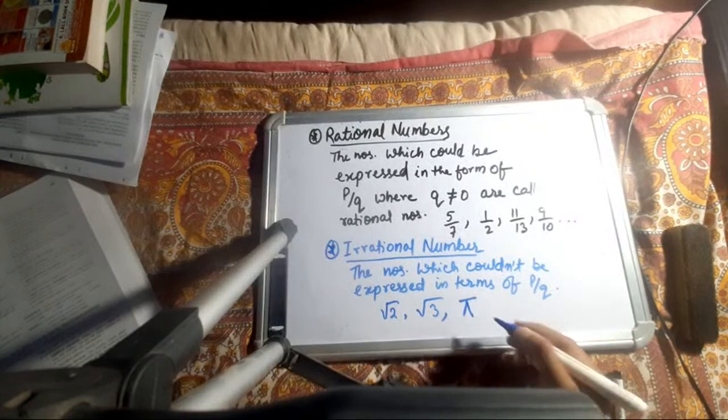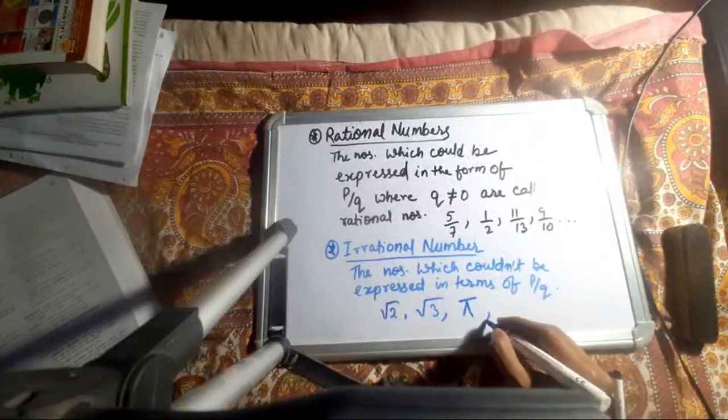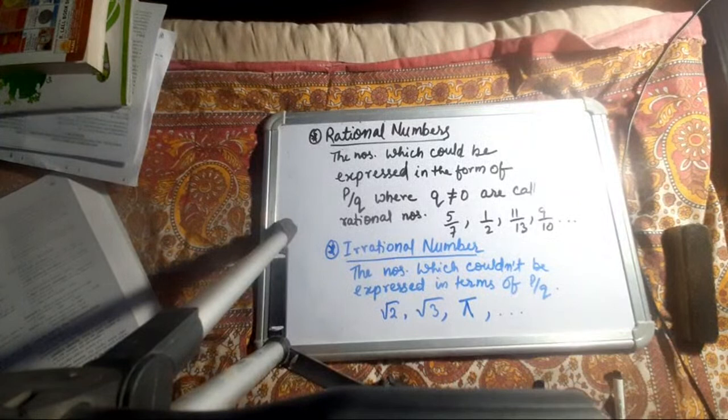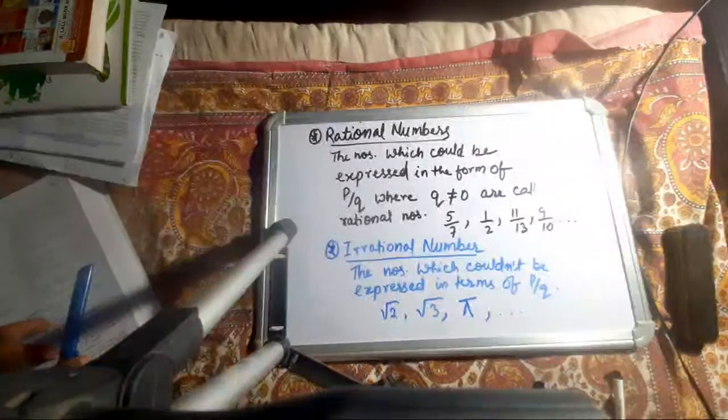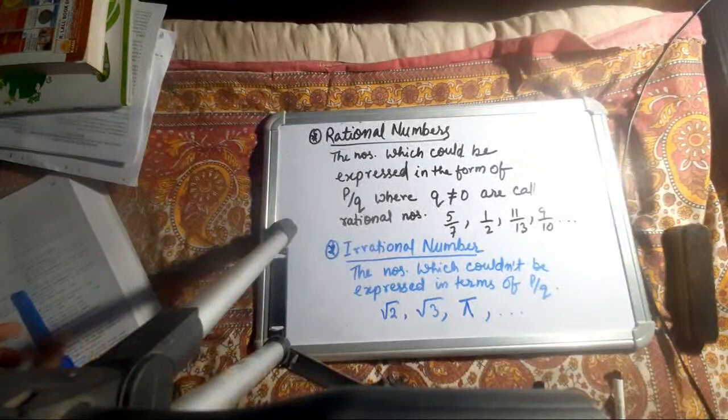Pi is also an irrational number, because its value is 3.1426 and so on, it will continue going on, not 22 by 7. 22 by 7 is an approximate value used generally for numerical solutions.